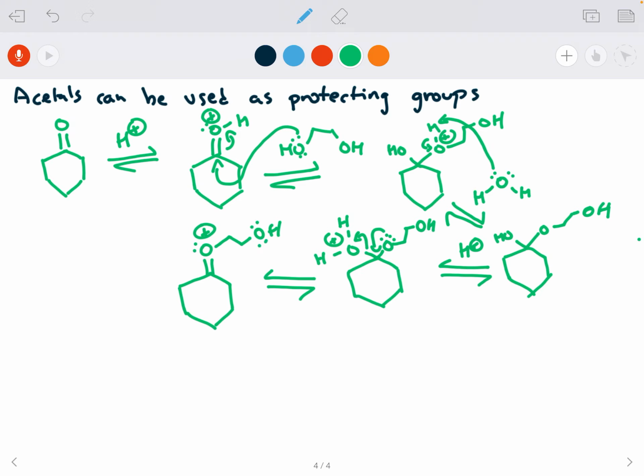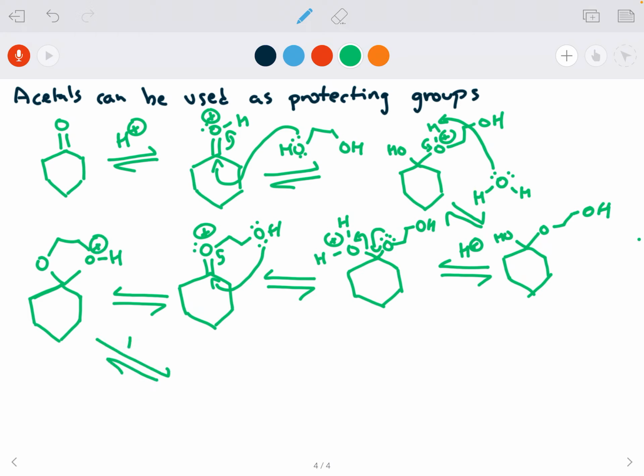Now nucleophilic attack, this is going to be an intramolecular nucleophilic attack. Right, so then the last step is just going to be deprotonating. I'll use water again. And now I'll be left with my ketone that now has the protecting group on it.